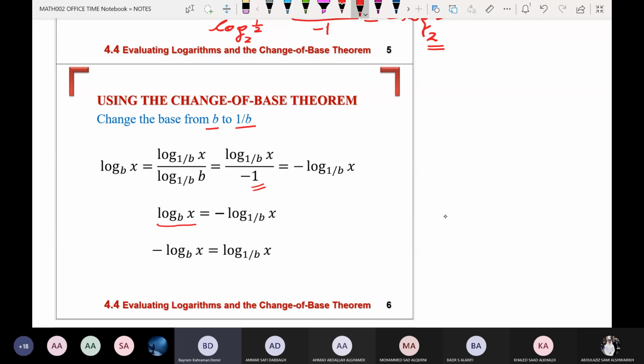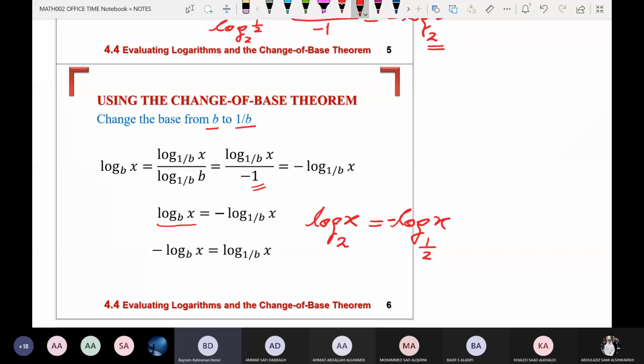Maybe I should just write here one clear numerical example. So if you write it as logarithm of x base 1 over 2, Shabab, you just need to write negative. You understand? Negative logarithm of x base half.